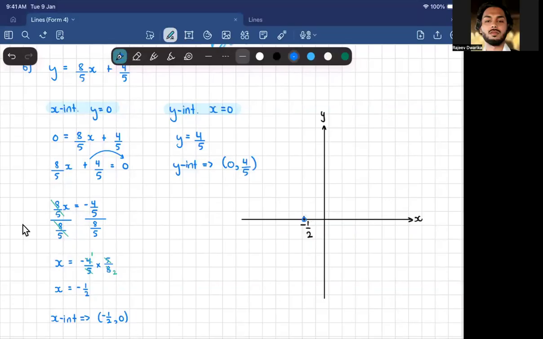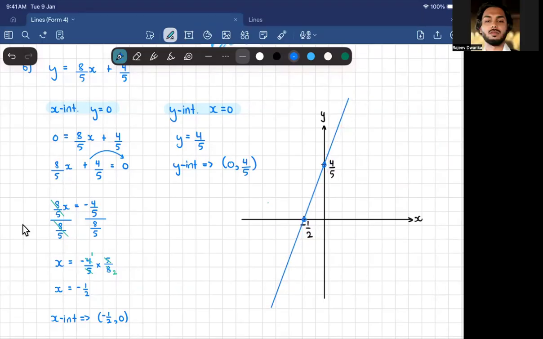Telma, where is the line cutting the y-axis? 4/5. Right? So we can say that 4/5 is over here. And this would be the other point. Now, just so that I make sure you understand, let me just draw the graph first.